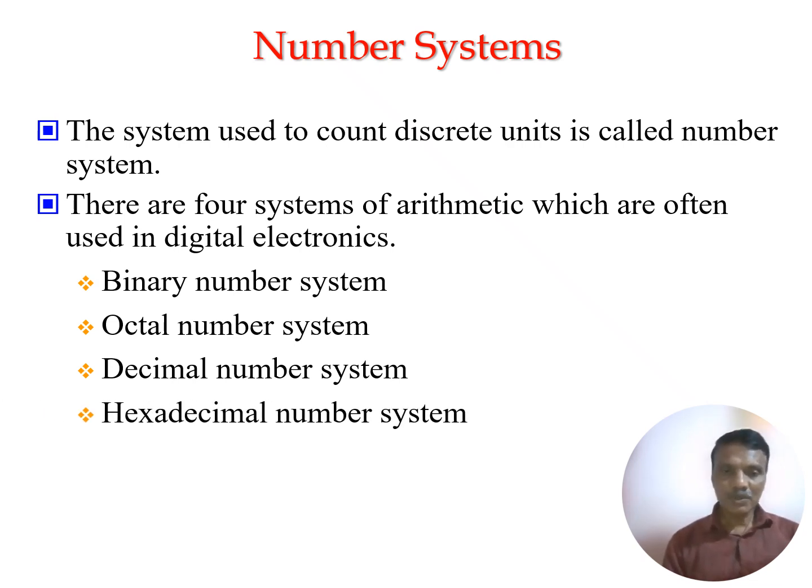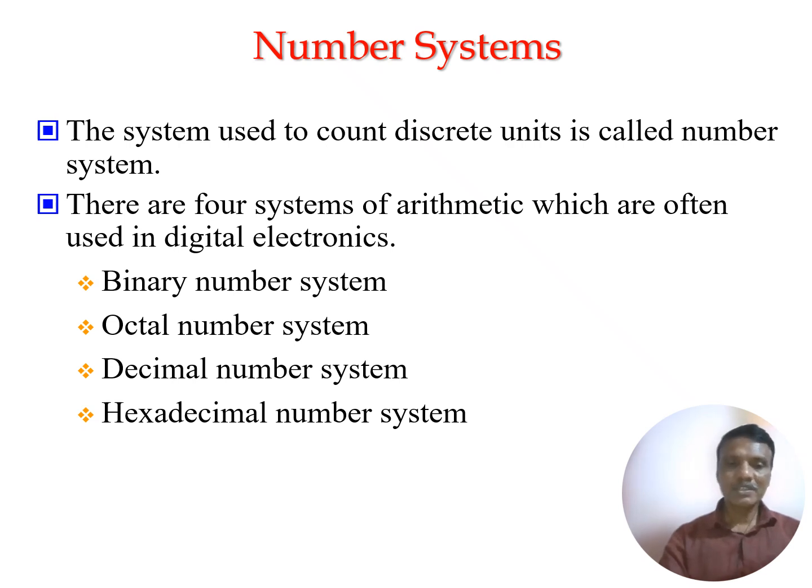These are the four most commonly used number systems for arithmetic in digital electronics. The decimal number system we commonly use all the time. The binary and hexadecimal are most commonly used for the processor.